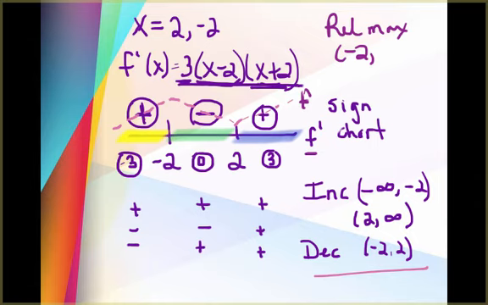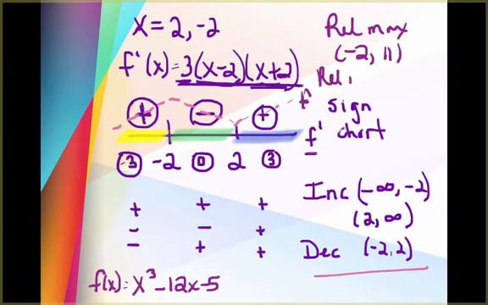Now remember that the original function we were working with was x cubed minus 12x minus 5. So if I put negative 2 into this original function of f of x, not into our derivative, then I'll get my y value for negative 2 to be 11. And there's where my relative max is located.